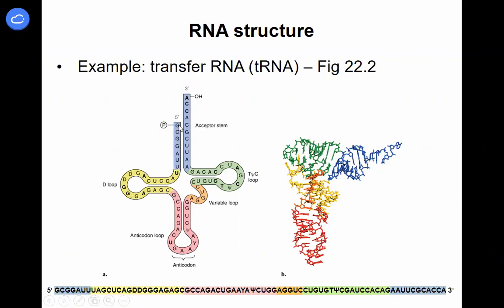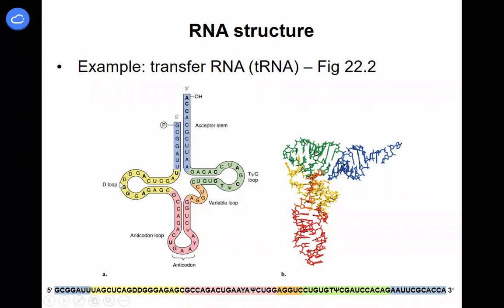The double helix will form for a short stretch, and then it'll break, and then you'll make another double helix here. There are in fact 4 major regions of self-complementarity in tRNAs, and the bottom 3 here form these so-called stem loop structures. When you see a double helix, and then it breaks, and you've got a single-stranded region, and it comes back and loops on itself, we call this a stem loop structure.